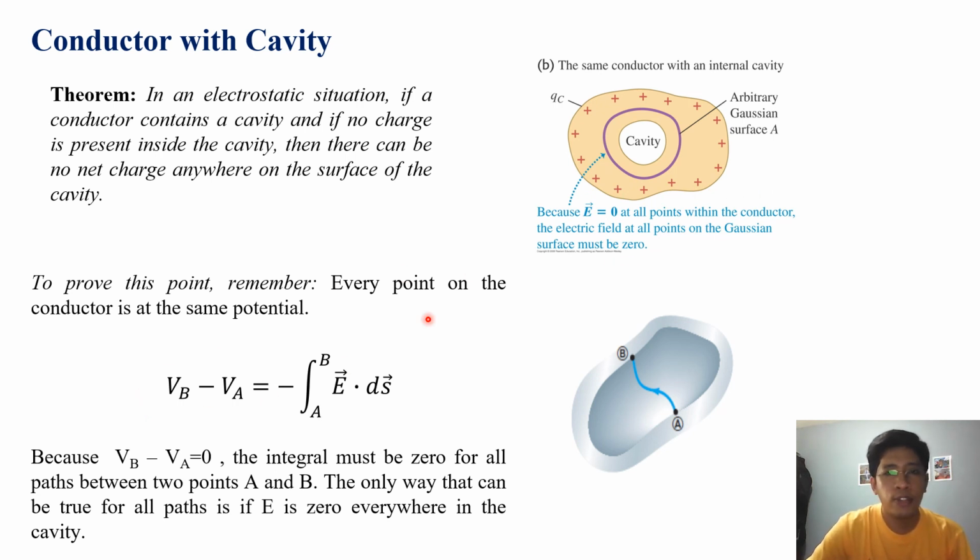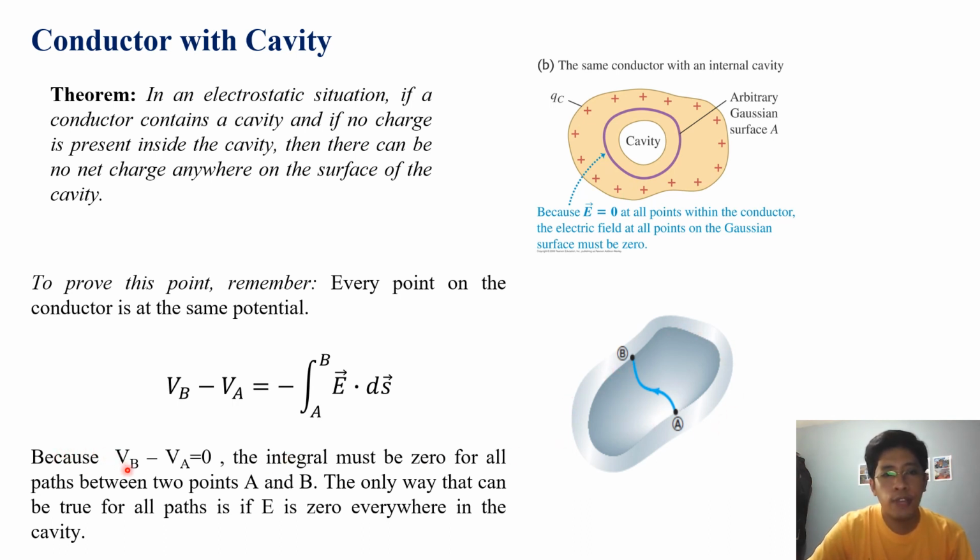Now, your VB minus your VA, if let's say we take two points, B and A, is equal to the negative of the integral of E dot ds for this case. Now we have said that for your conductor, the surface is an equipotential surface.